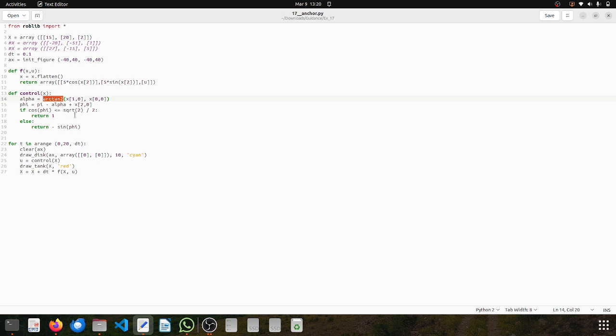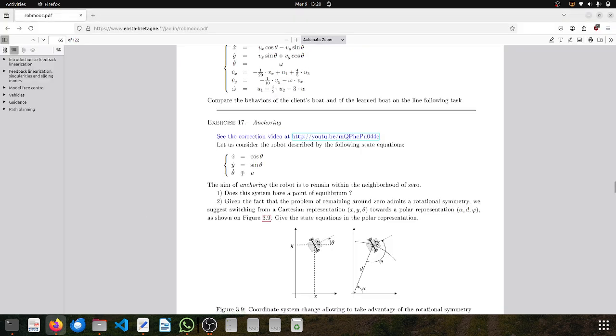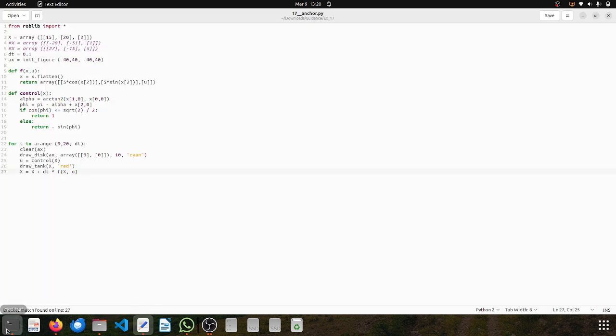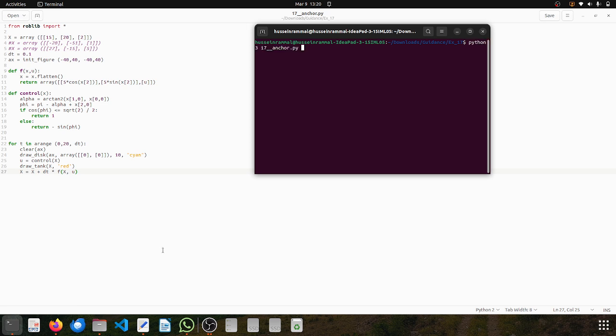So we do those two checks to specify in which of the two states the robot currently is, and we could run the code to see the simulation starting off with any of those three initial states of the robot.